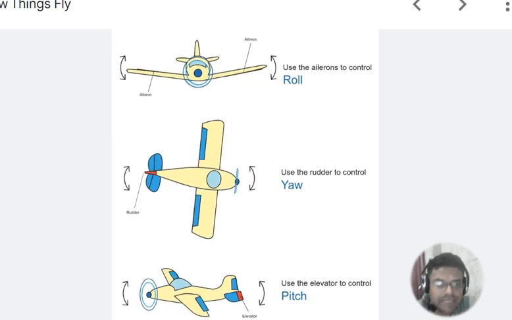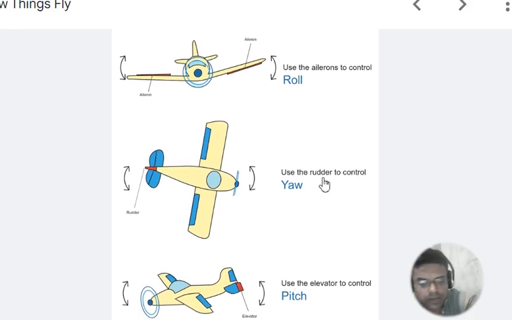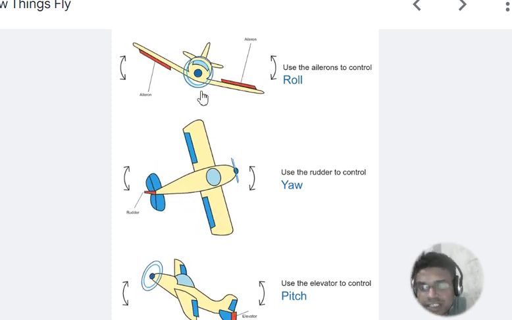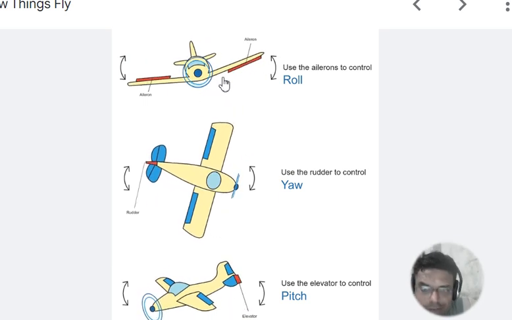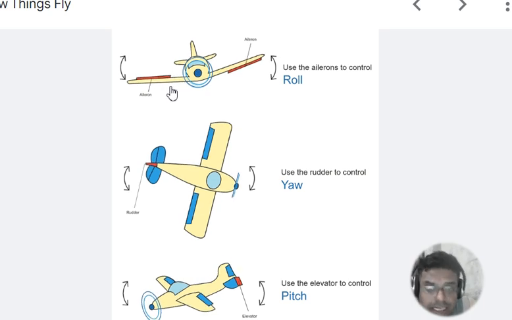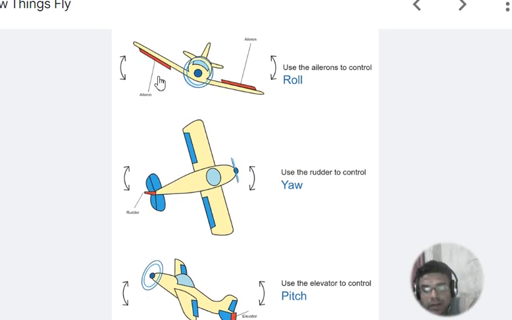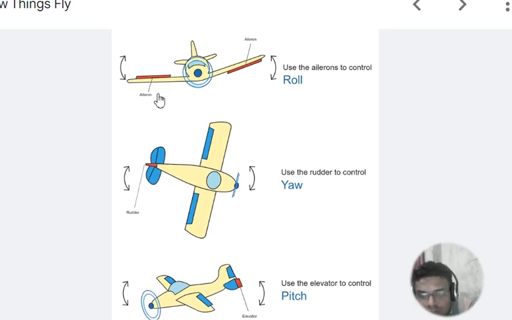So here you can see the motions of an aeroplane. When we talk about rolling of an aeroplane, the rolling is done about which axis? Rolling is done about the longitudinal axis. In order to make an aeroplane roll, the surfaces present in the aeroplane to help it perform these actions are called control surfaces.